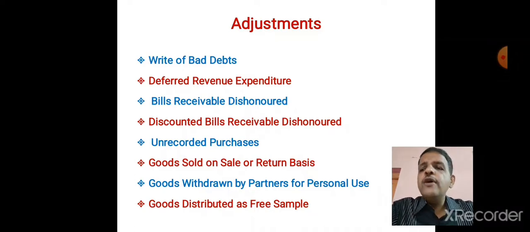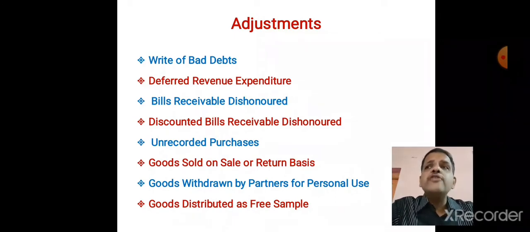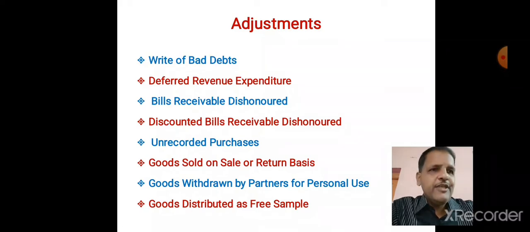We have to deduct from sale on trading credit and debtors on balance sheet asset selling price of whatever goods we sold on sale or return basis. Second effect is that we have to add cost price of such goods in closing stock both on trading credit and balance sheet assets.